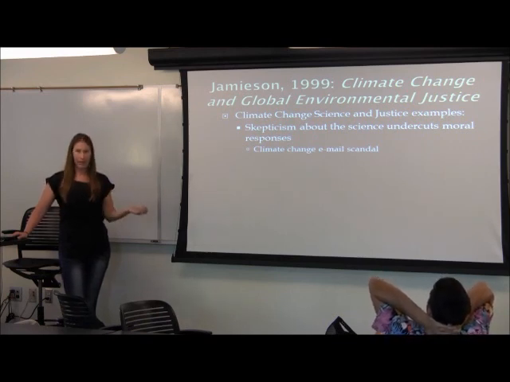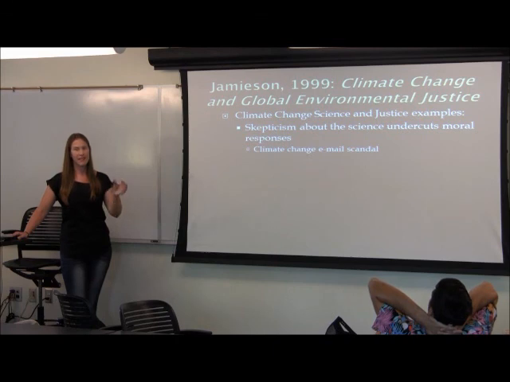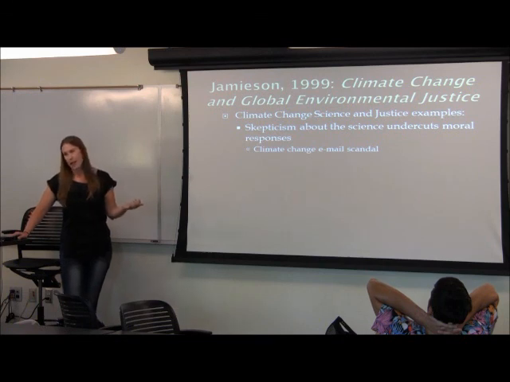And there was maybe a handful of emails that were pulled out and specific sentences that were extracted, put in the media, and it basically made it seem like the warming trends that these scientists found were manipulated. They were changing the data, and I think it's temperature trends and also tree ring data to make it look like there's a warming when there really wasn't. And if you read into it, you can actually see the paragraphs that these sentences were taken from, and it really had nothing to do with manipulating temperature trends or whatnot.